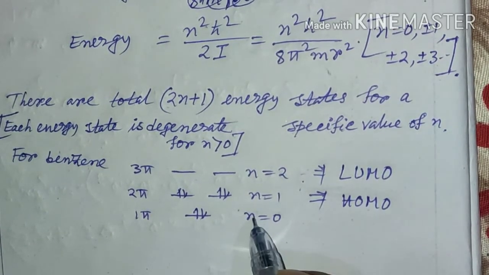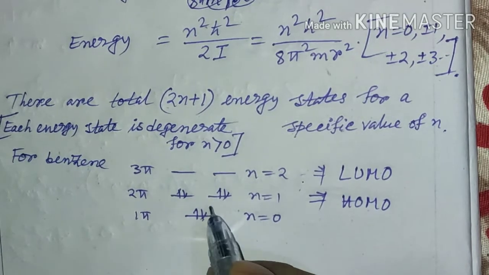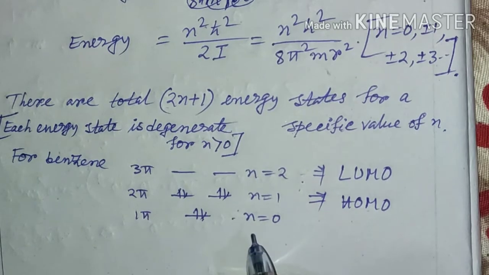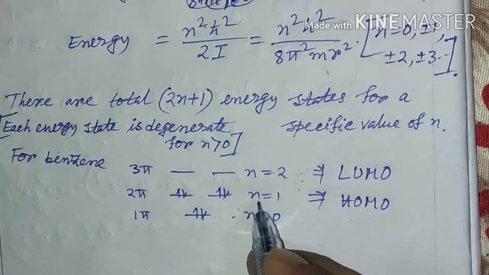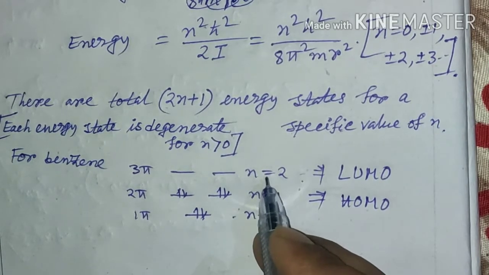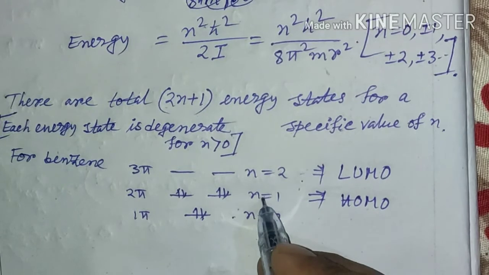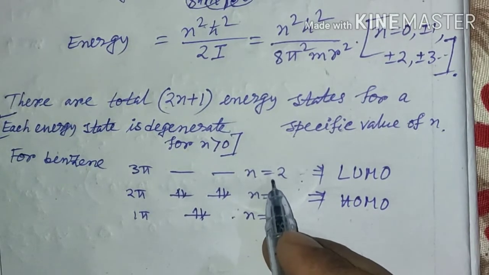If an electron is excited from n equal to 0 to n equal to 2, then the transition energy will be higher and the wavelength lower than that of n equal to 1 to n equal to 2. So we have to calculate the wavelength corresponding to the n equal to 1 to n equal to 2 electronic transition.